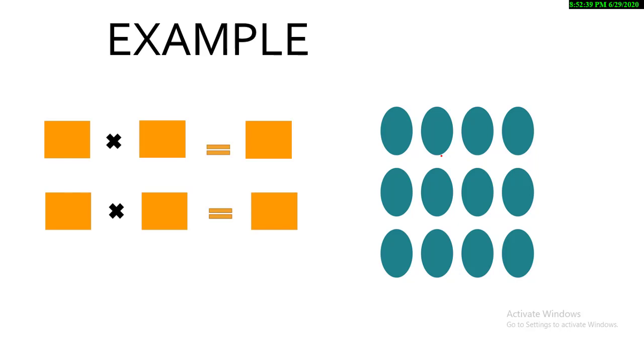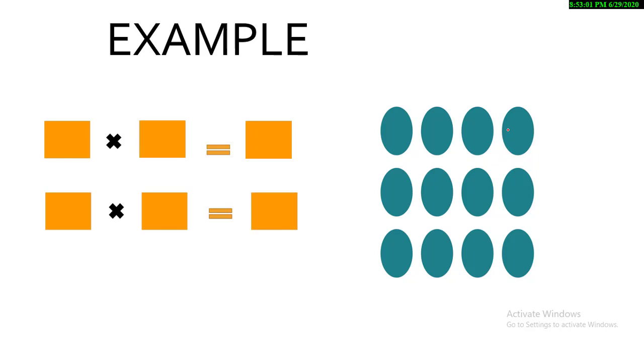I am going to tell you one quick way of finding the answer and the writing style, how to write this kind of questions. The example is: what will be the answer by counting or by multiplying these dots? You can say balls or dots, it's totally up to you.